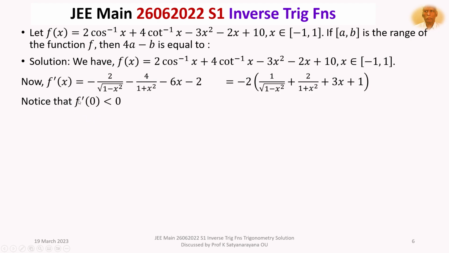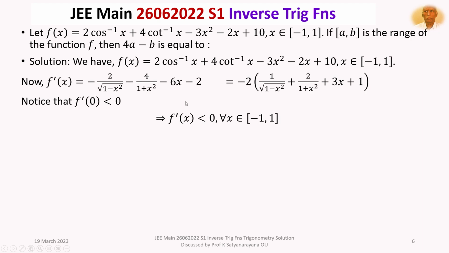Notice that the convenient point we have considered is 0, f prime 0. So if you put f prime 0, the function that is in the bracket is positive and minus 2 times will be negative. And the same character, namely less than 0, will be applicable for f prime x for all x belongs to the closed interval minus 1 to plus 1.